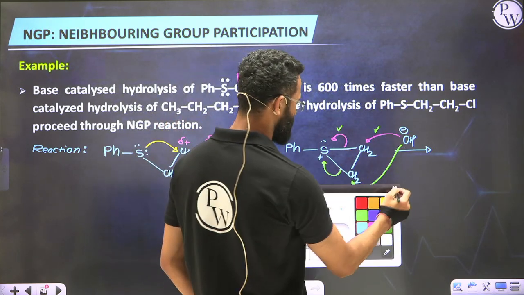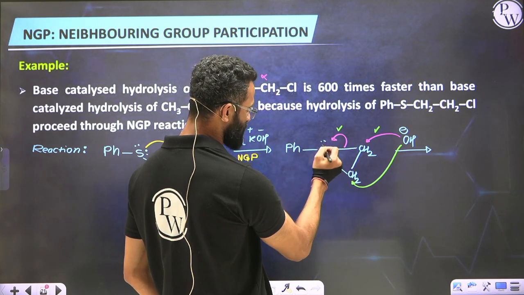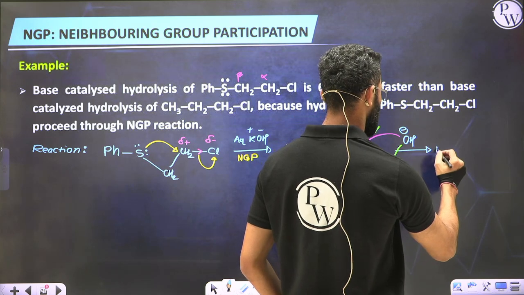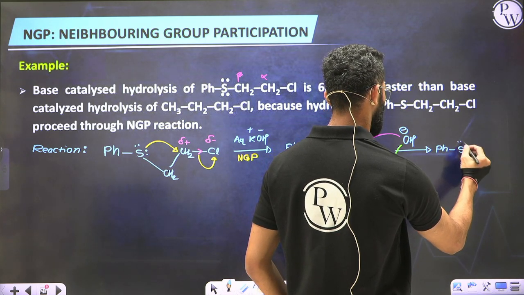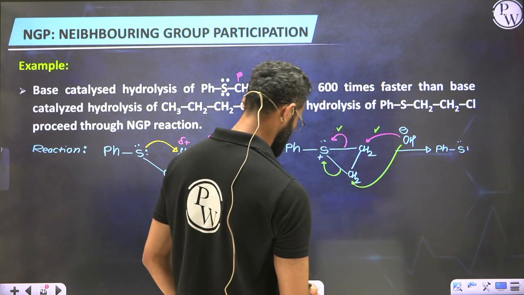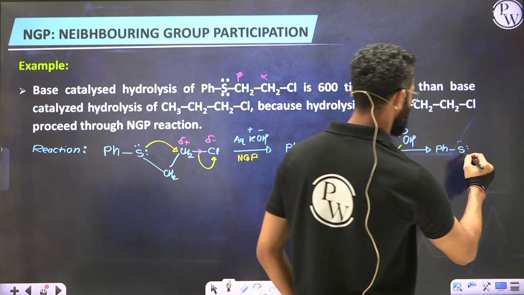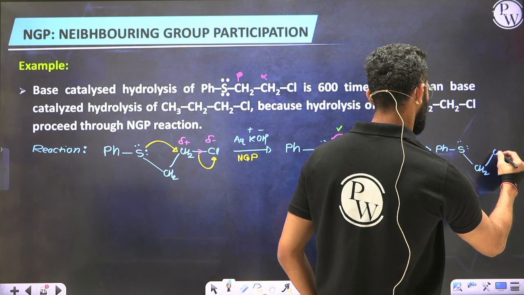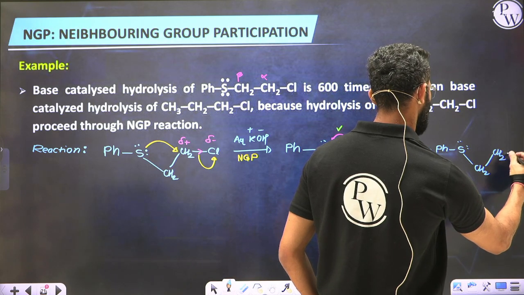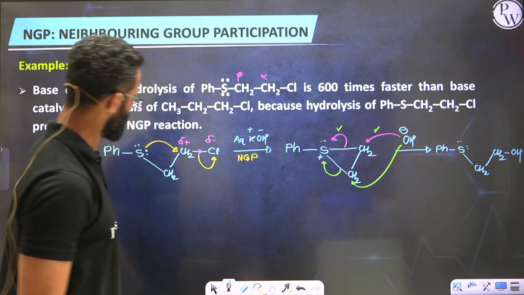See what I got. PhS, sulfur, one lone pair was there. Now this will also come. So two lone pair intact. Bonded to CH2. Bonded to CH2. Carrying OH. Right everyone?